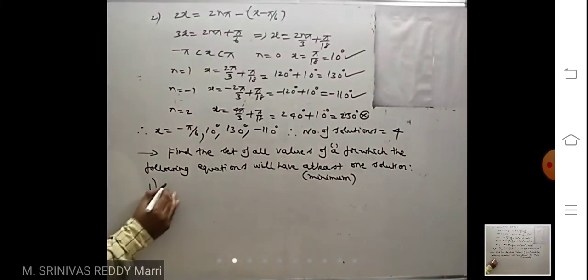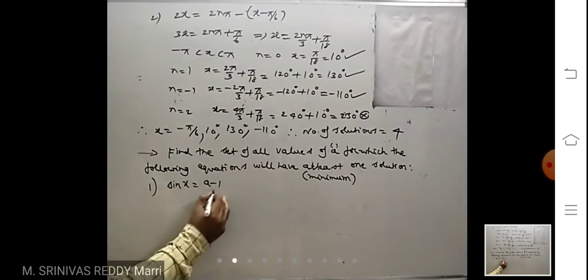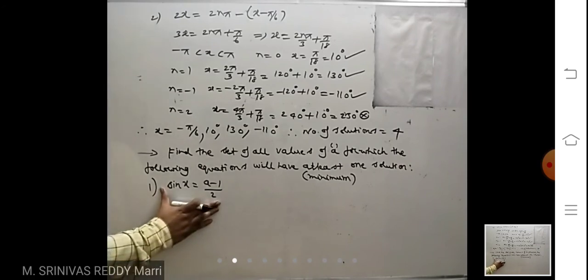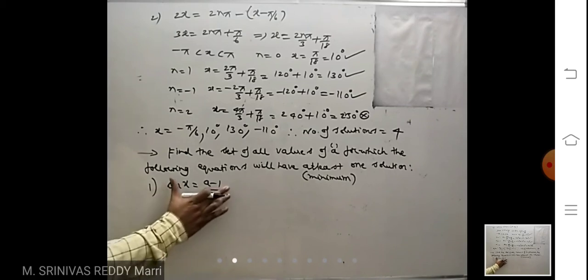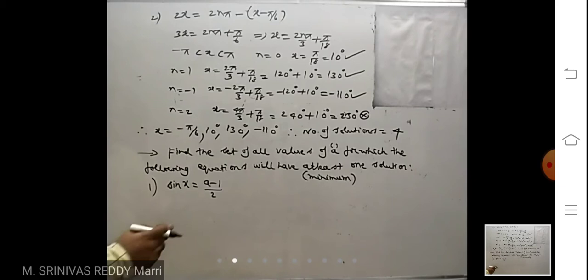Look at here. Suppose the question is given like this. Sin x equal to a minus 1 by 2. Now he is asking what are the values of a such that this equation will have solution, right?